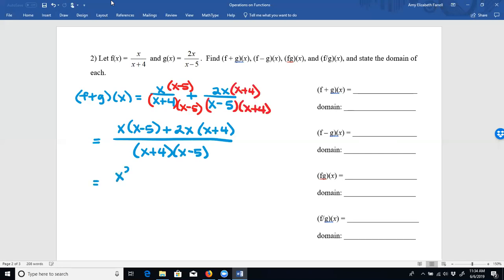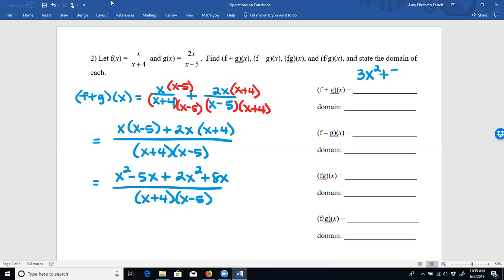So we have x squared minus 5x plus 2x squared plus 8x all over my common denominator there. So if I combine like terms in the numerator, I have 3x squared plus 3x all over x plus 4, x minus 5.